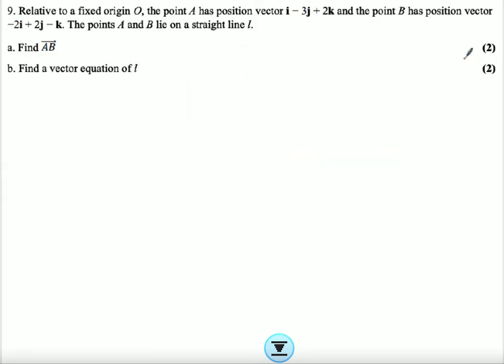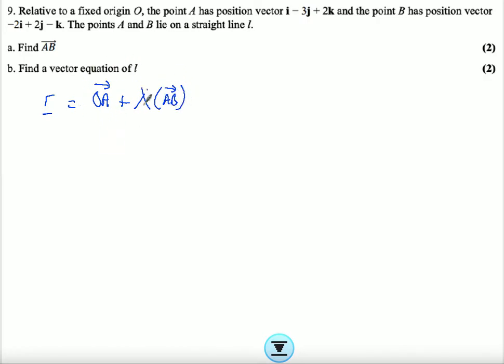Okay, part B. Find the vector equation of the line L. The points A and B lie on the straight line L. So what are we going to do here? So for the equation of a line, we use r, and that is going to be OA plus some amount of AB.